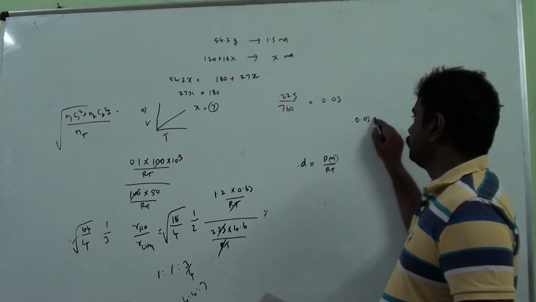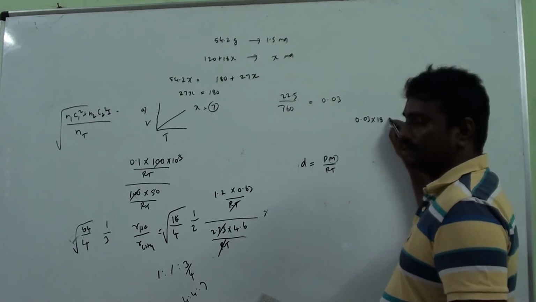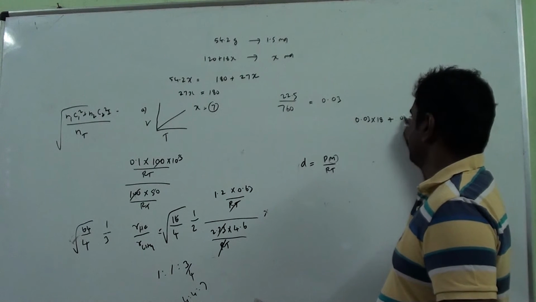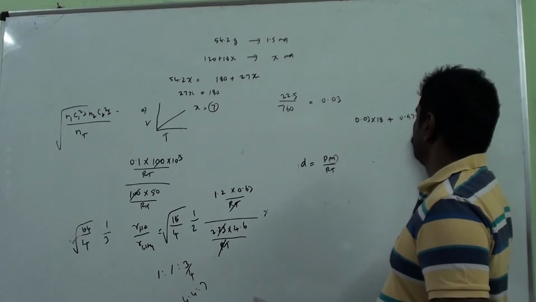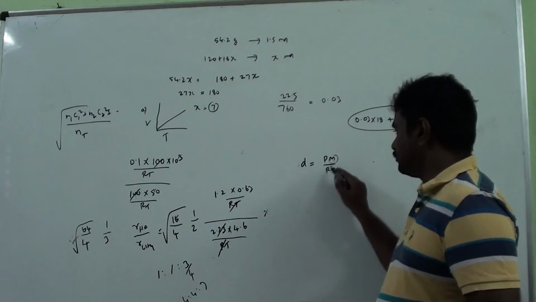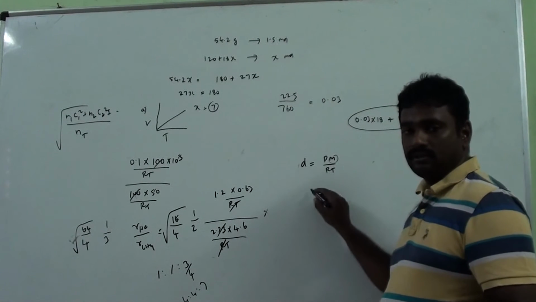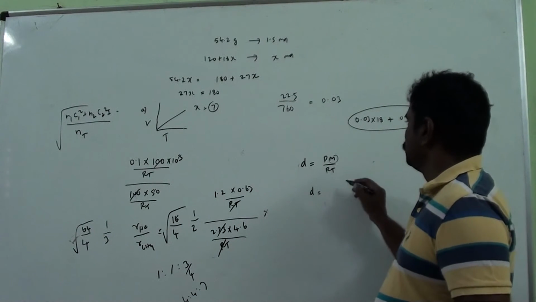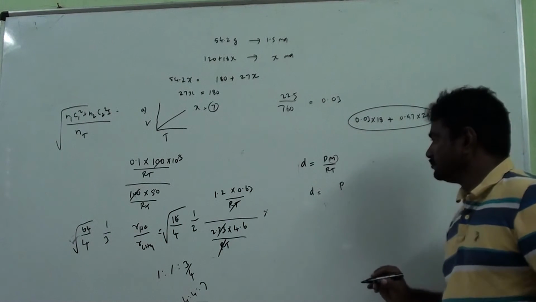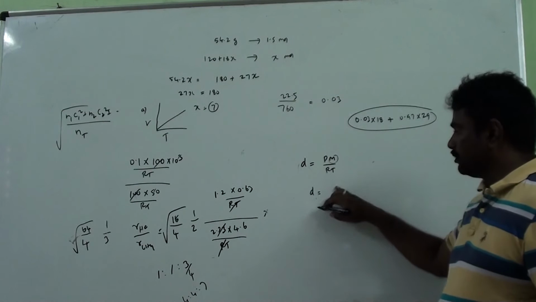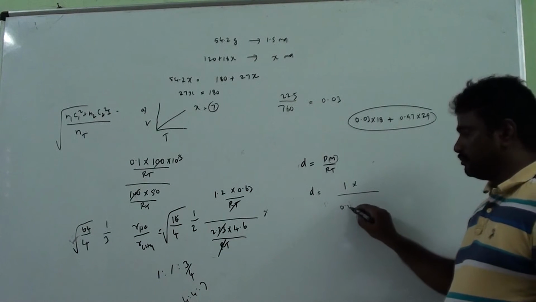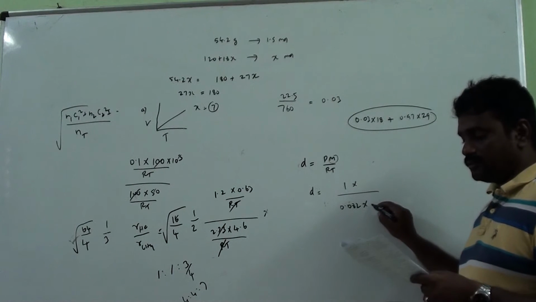Actual molar mass is 0.03 into 18 plus 0.97 into 29. Substitute here and you get the density. So density equals pressure, 1 atmosphere, into molar mass by 0.082 into temperature.